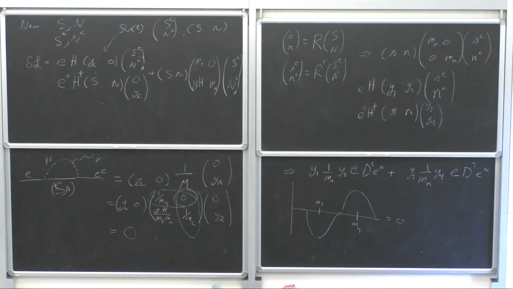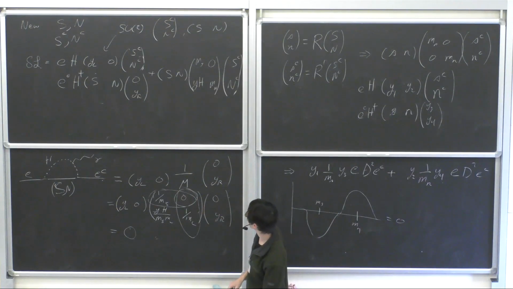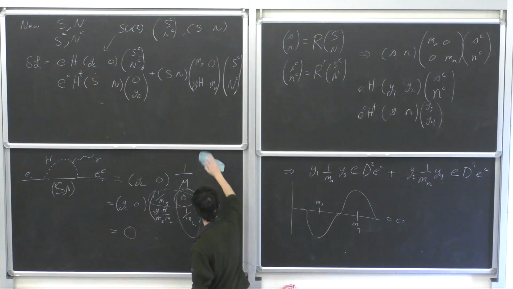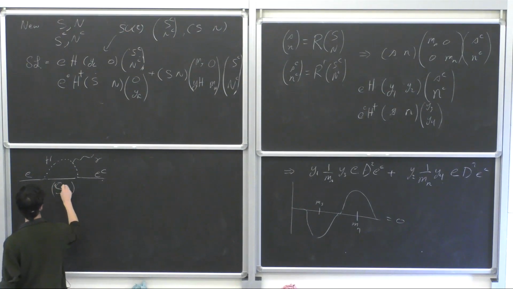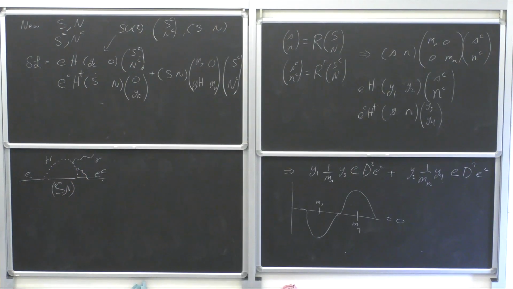Okay, so this shows that at one loop, things are 0. So let me keep that and just say 2 loops. Draw any old crappy 2-loop diagram here. Whatever, draw something 2 loops.